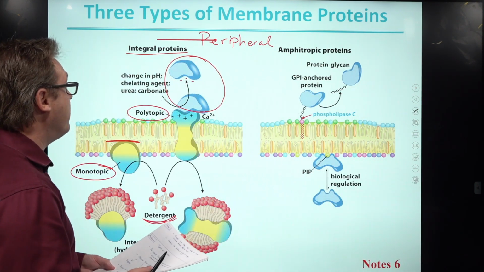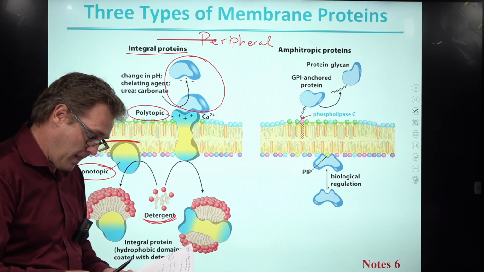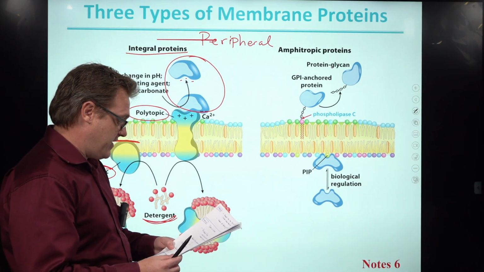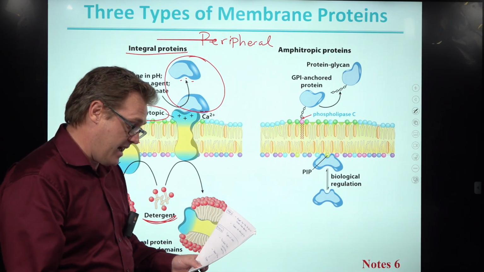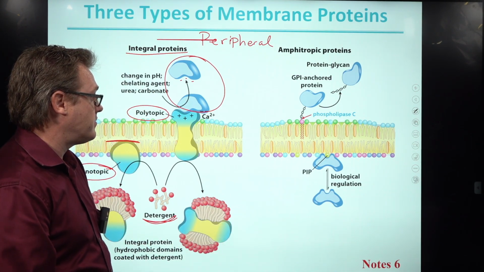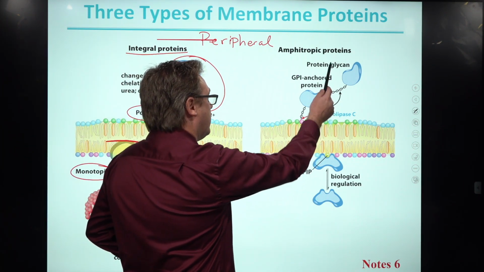And then we have our phosphotropic proteins. Now, the phosphotropic proteins, they're going to be found in the cytosol and on the membrane. So let's take a look at this guy right here, over here.